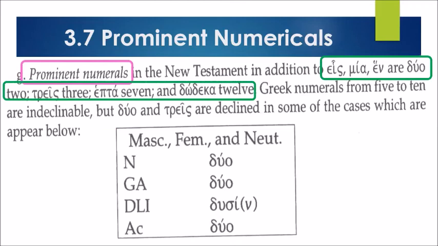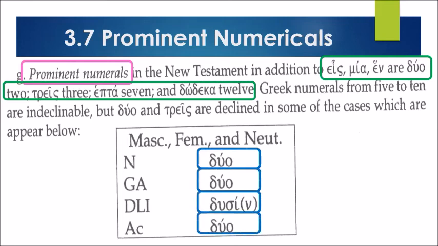It is the same in the three genders, the masculine, feminine, and neuter, and it can be declined in four cases. Let's start with the nominative: duo, duo, duo, duo. As you can see, only the dative is different among the others.